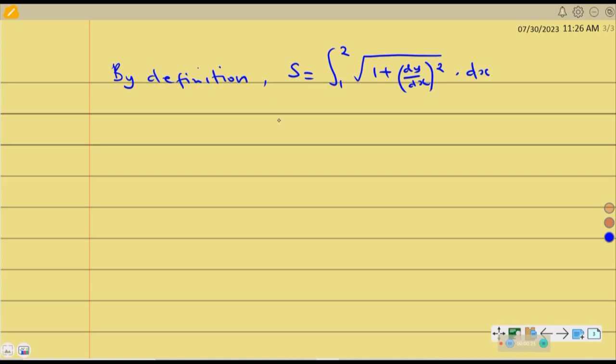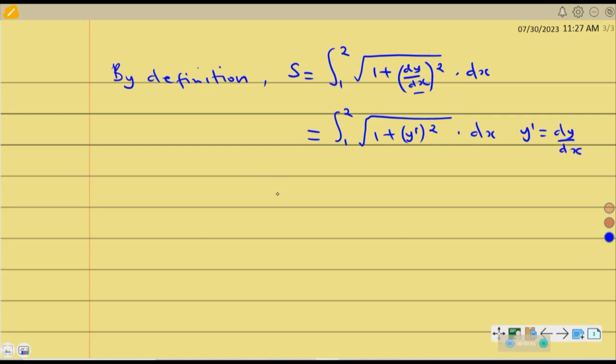Now, from here we can obtain s as the integral from 1 to 2 of the square root of 1 plus y dash squared, times dx, where y dash simply represents dy/dx.